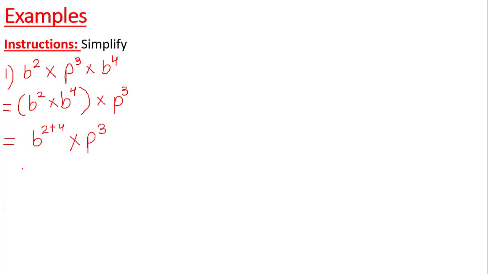So it's gonna be equal to, like you said, b to the power of 6 multiplied by p to the power of 3. Very good. Now what are we gonna do here?